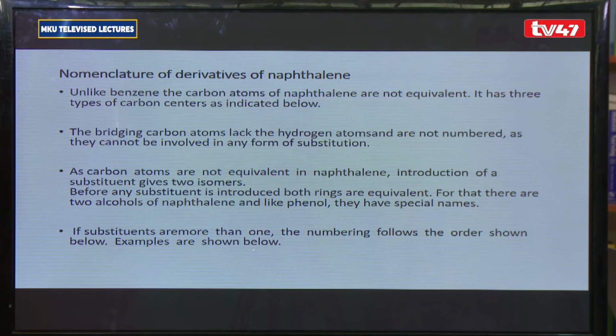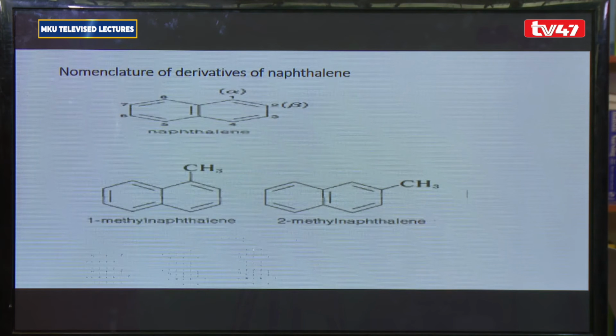However, we had earlier seen that when we are numbering naphthalene, we number only those carbons that are not at the position of fusing, because those at the position of fusing cannot be substituted. So we number from 1, 2, 3, 4, 5, 6, 7, 8.